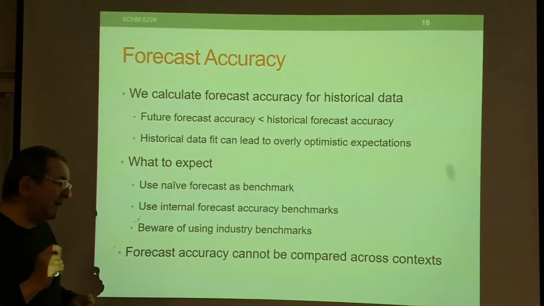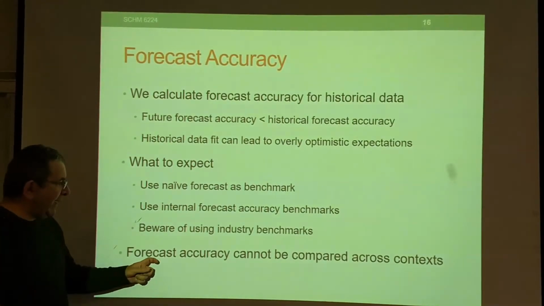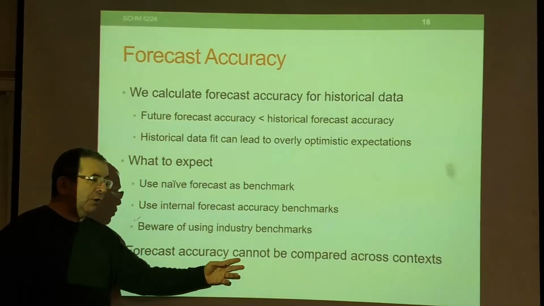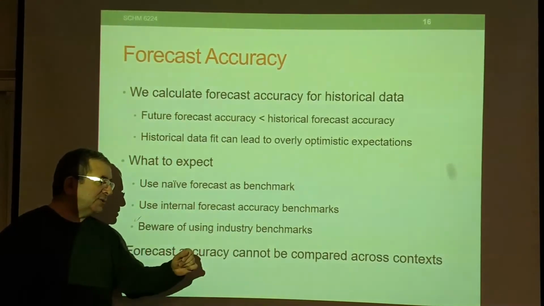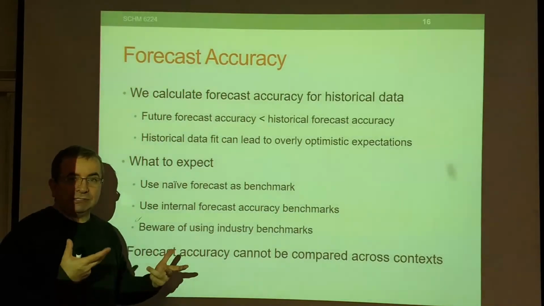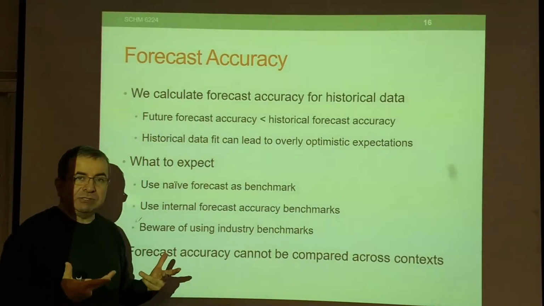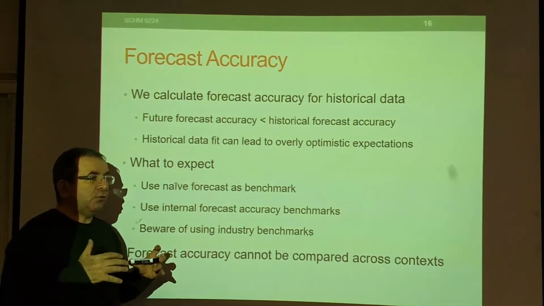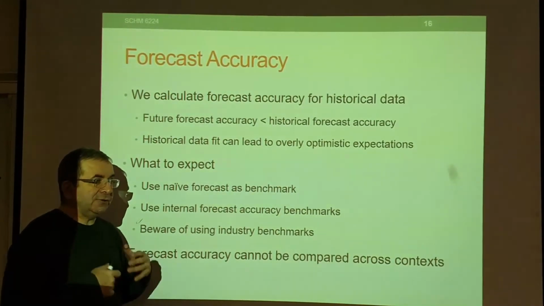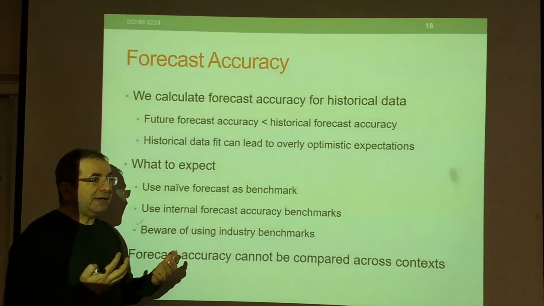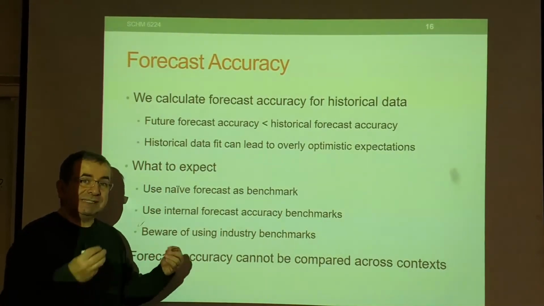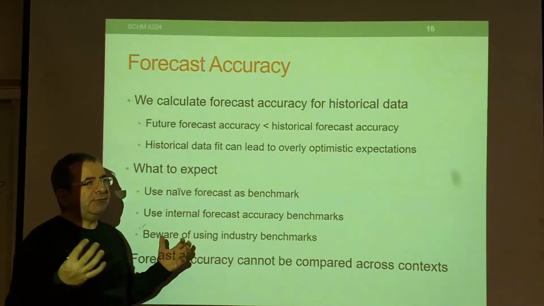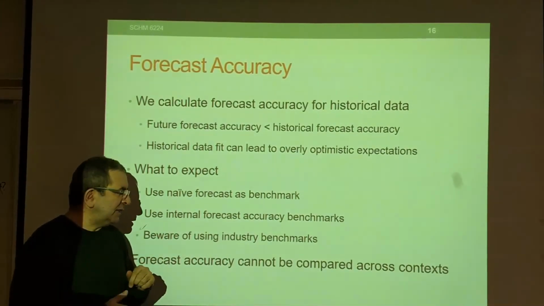But you should always be careful about the fact that forecast accuracy cannot be compared across different contexts. So you don't want to compare apples and oranges. So for example, if you want to compare your forecast accuracy to something, you want to make sure that the products are similar enough, the consumers are similar enough, the competition is similar enough.